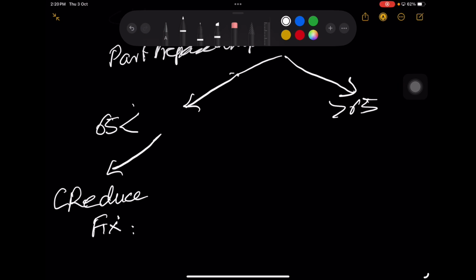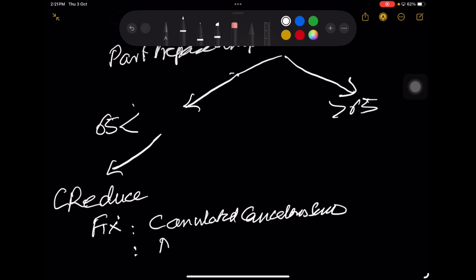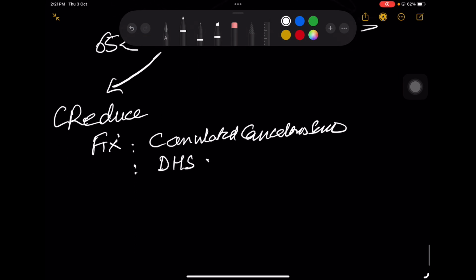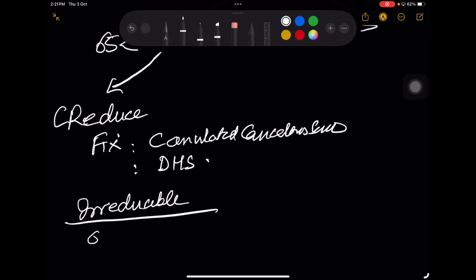And how do you fix? You can fix by cannulated cancellous screws, or you can fix by dynamic hip screw, DHS. Now, if the fracture is irreducible, then you can open reduce and fix.